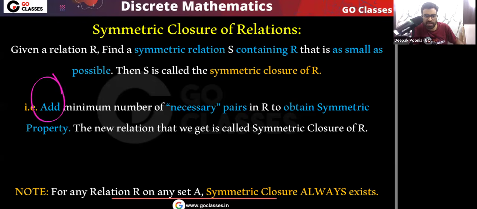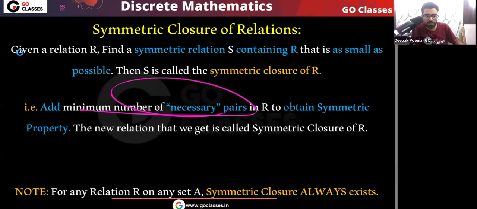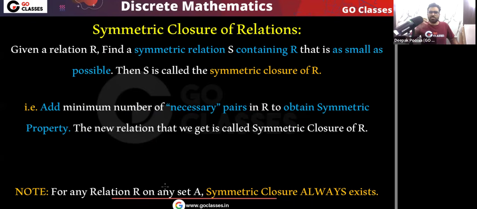In this relation R, you just add minimum number of necessary pairs to obtain the symmetric property. New relation that you get, that will be symmetric closure of R. And this is the note. For any relation R on any set A, symmetric closure always exists. Remember, symmetric closure will always exist for every relation. Whatever relation you take, symmetric closure will always exist.